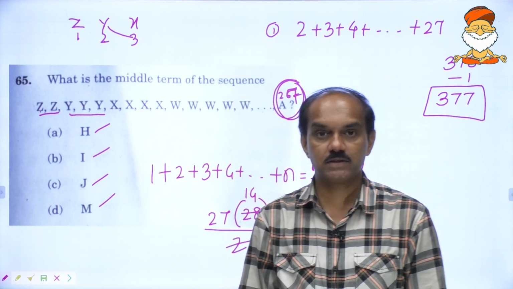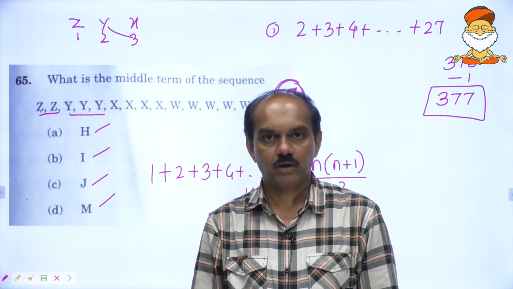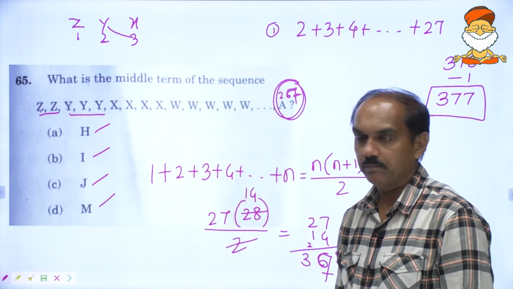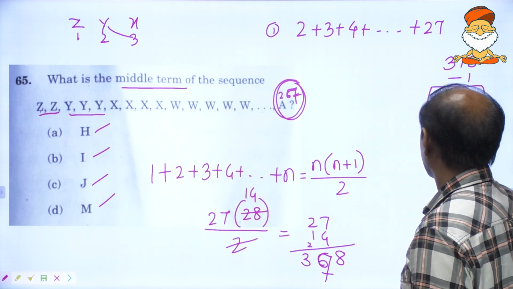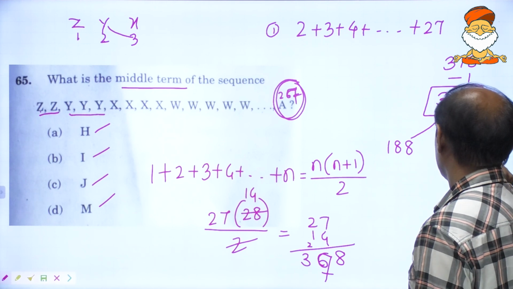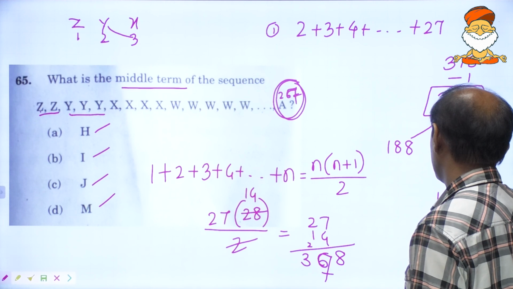Total number of terms are 377, and we want the exact one which is there exactly in between. Okay, middle term we want. So middle term on this side 188, on this side 188. The middle term will be 189.